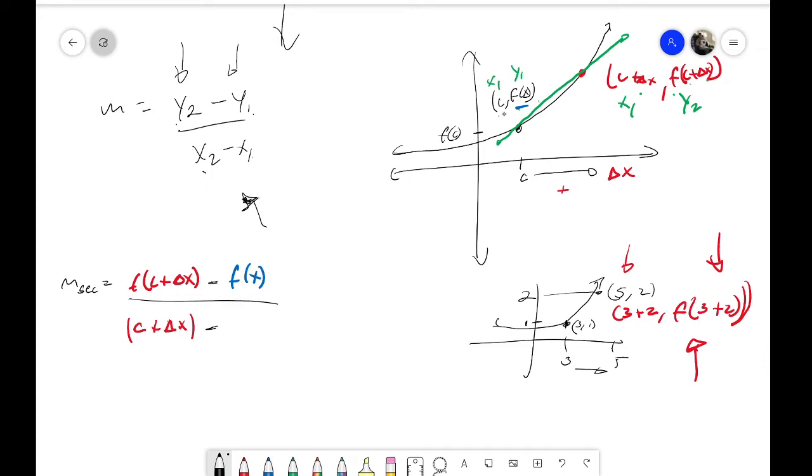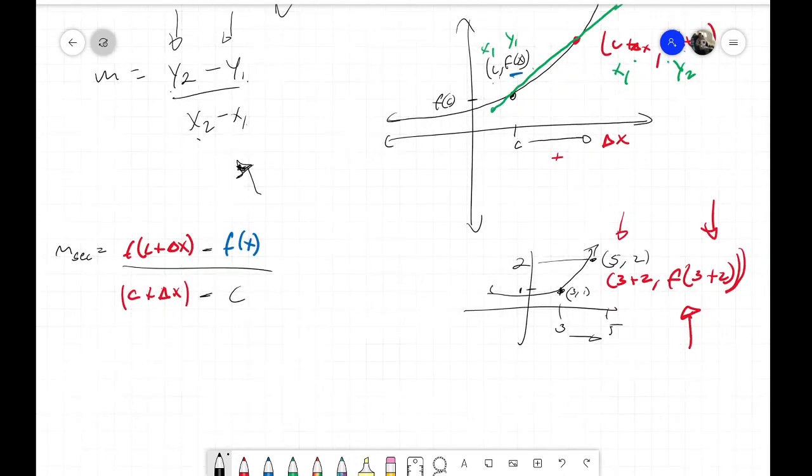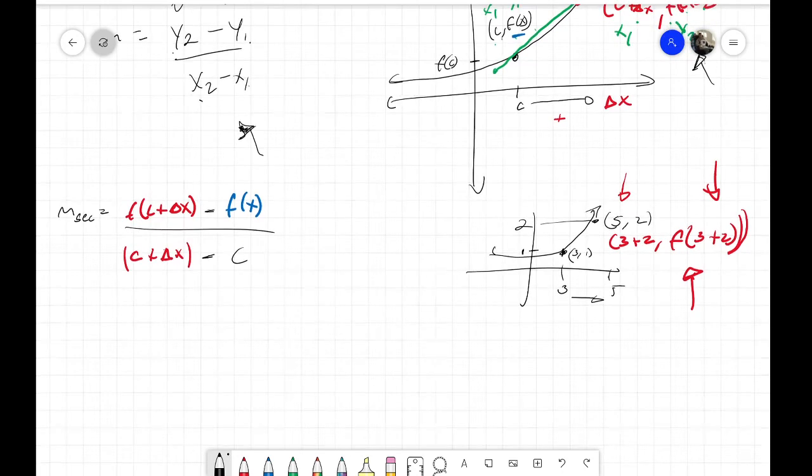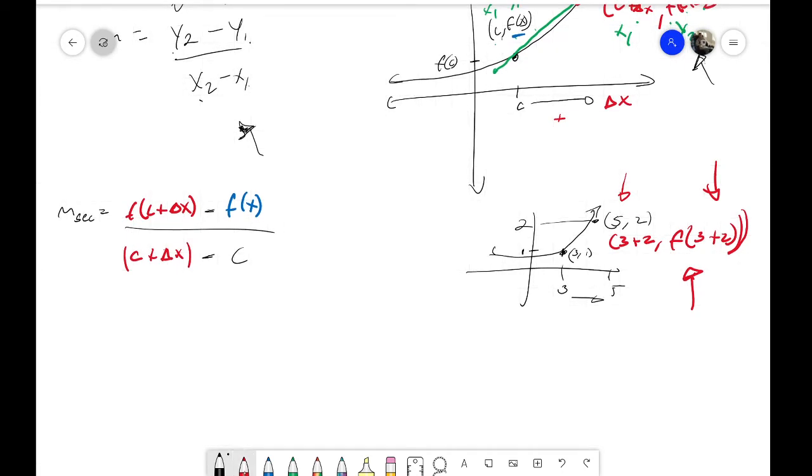Well, x1 is just c, so minus c. And again, these are arbitrary points. This is how we are deriving the slope of the secant line. And now we just have to do some simplification.